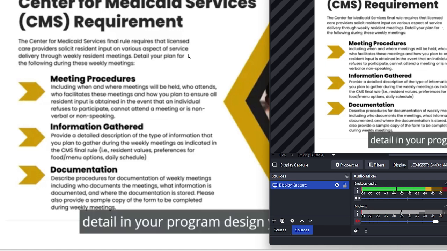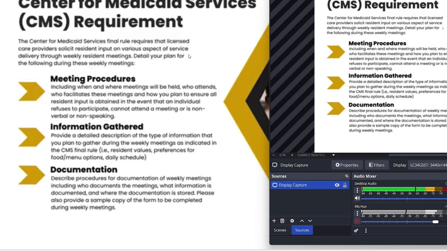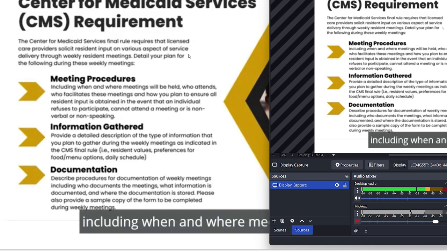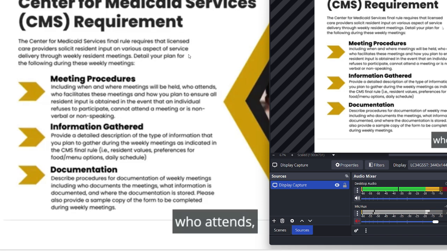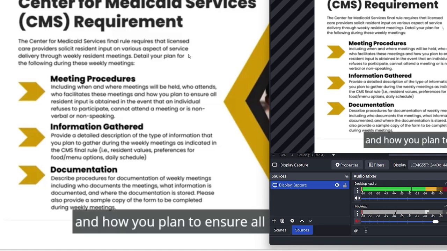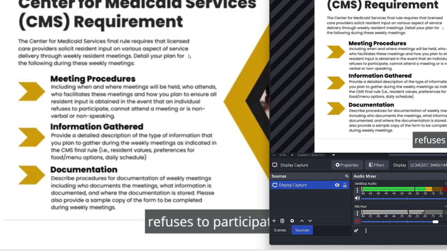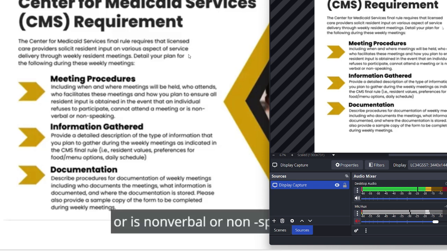Please detail in your program design your plan for the following during these weekly meetings: your meeting procedures, including when and where meetings will be held, who attends, who facilitates these meetings, and how you plan to ensure all resident input is obtained in the event that an individual refuses to participate, cannot attend a meeting, or is nonverbal or non-speaking.